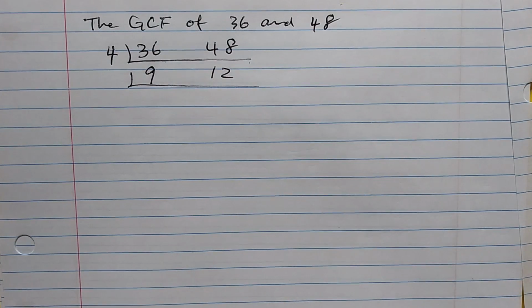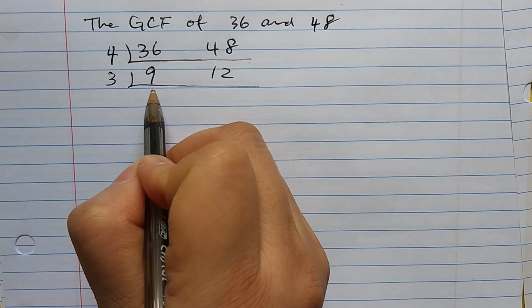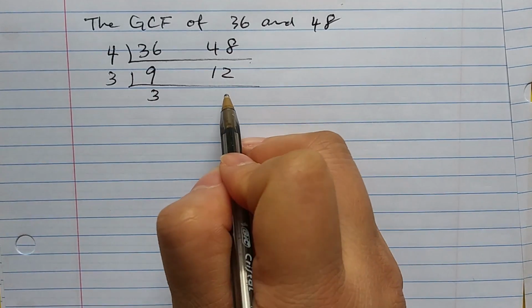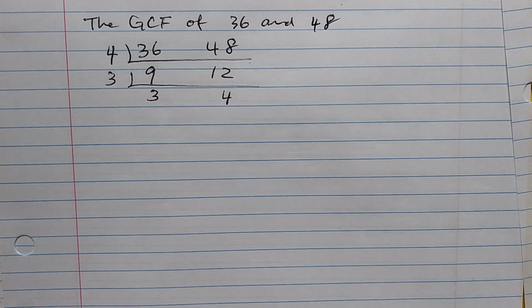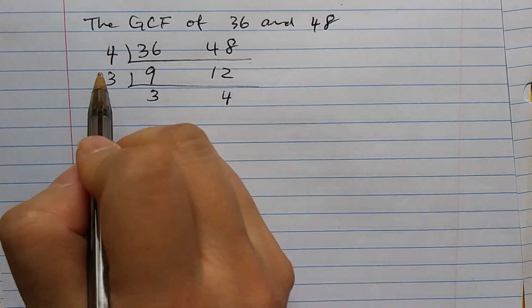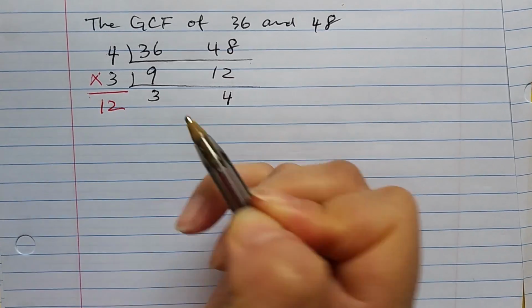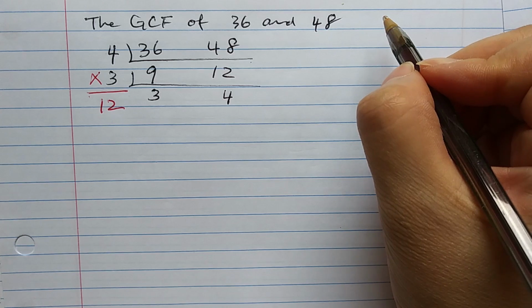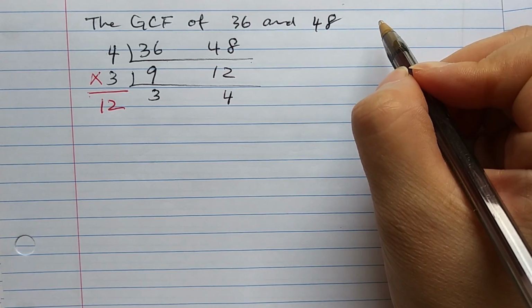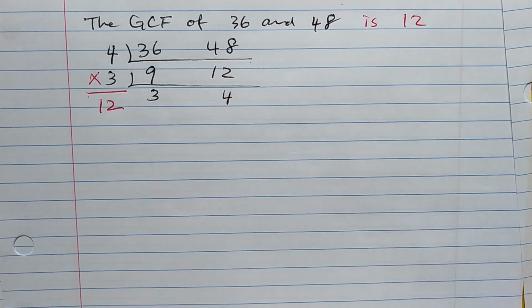What is the number to divide both numbers? 3. 3 times 3 is 9, 3 times 4 is 12, and you are done. Multiply these two numbers. So the greatest common factor of 36 and 48 is 12. Let's practice some more.